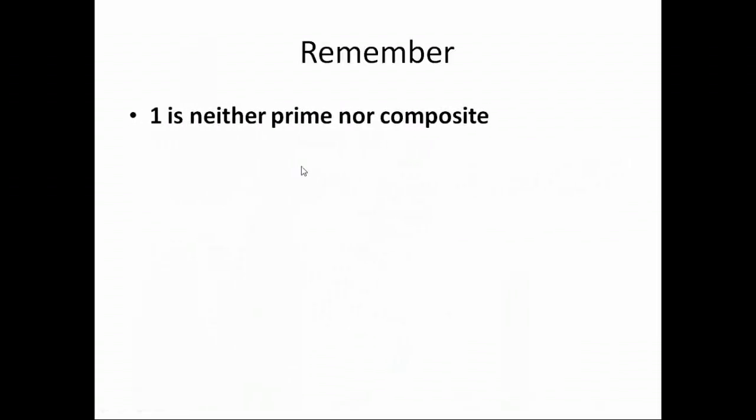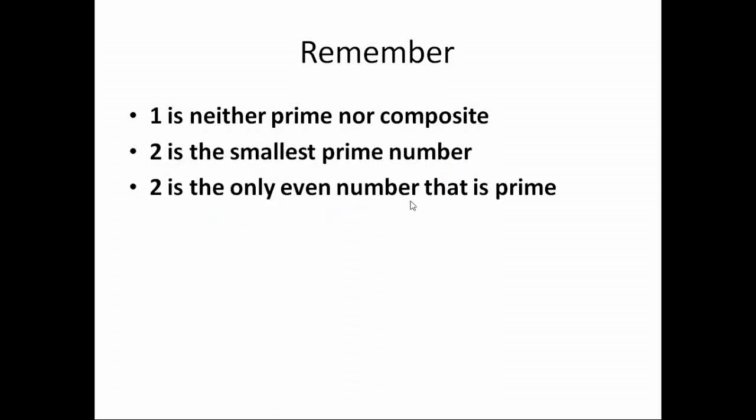Now remember, 1 is neither prime nor composite because it does not satisfy the conditions of a prime number nor the composite numbers. So we can say 1 is neither a prime nor a composite number. 2 is the smallest prime number, and 2 is the only even number that is prime, and there is no other even number that is prime.